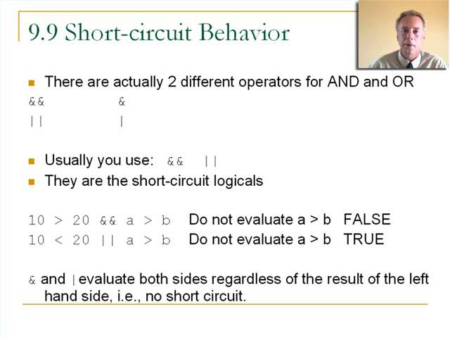In both of those cases, if we're using the short circuit operator, we won't need to evaluate what's on the right. If you have some reason that you want to evaluate what's on the right, and up until now we haven't looked at any of those cases, then you would want to use the single keystroke operator so that the right-hand side would always be evaluated. Until you get to that, you should use the more efficient short circuit operators, which are the first ones I introduced here with the 2 keystrokes.